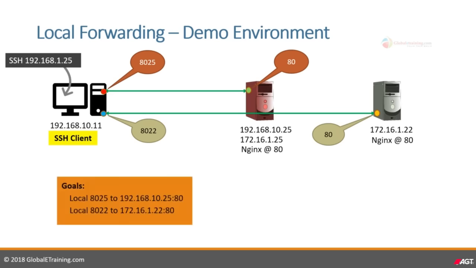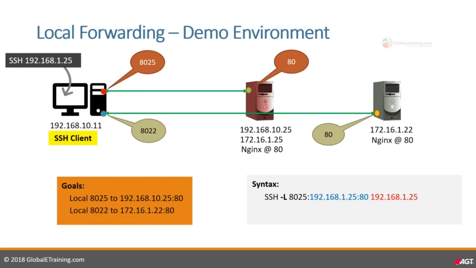Now the goal is to make these websites appear locally on the client machine, which is .11, as if they were running there locally. So what we would do is establish an SSH session from the client machine to the jump box in a way that it maps port 80 on the jump box to port 8025 on the .11 machine, the client machine.